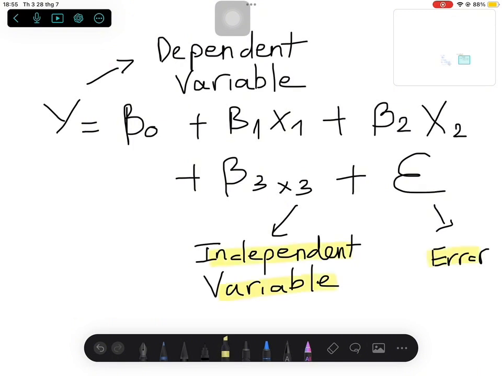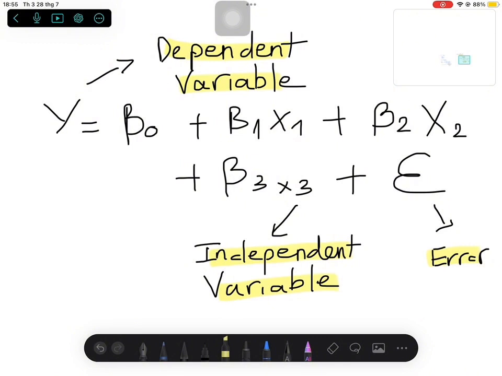Think of it like a recipe. The dependent variable Y is what we are trying to explain or predict. Maybe it's a company's sales, maybe it's stock returns, maybe it's GDP growth. Each X variable represents one possible influence: advertising spending, interest rates, consumer income, exchange rates.